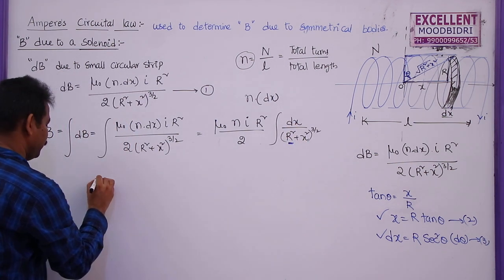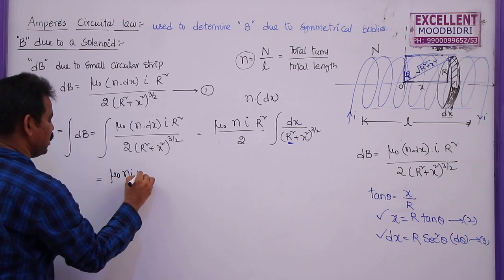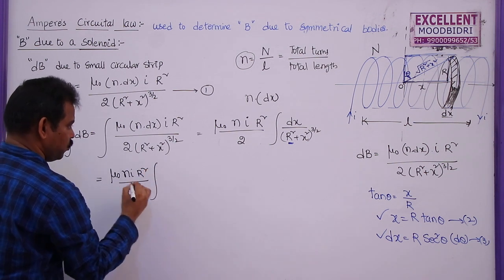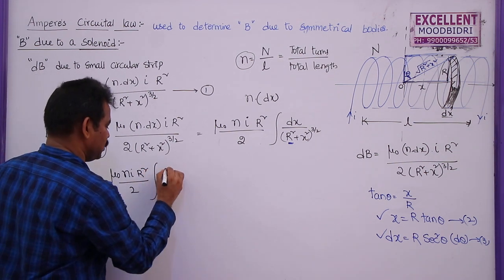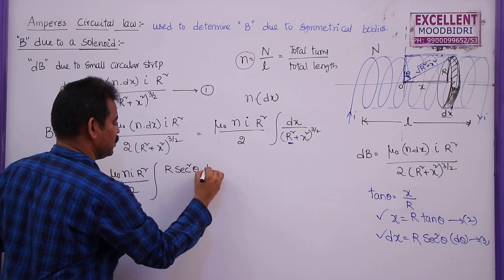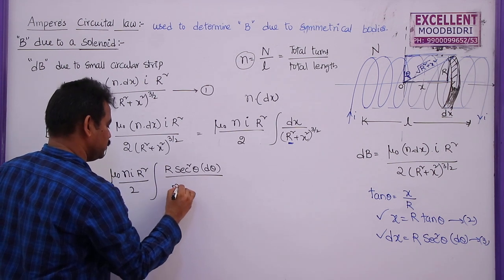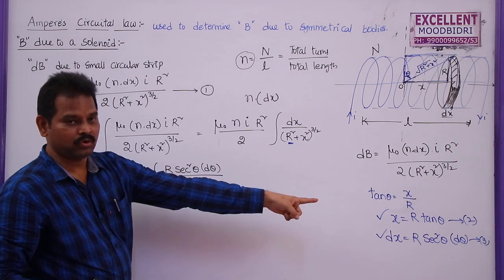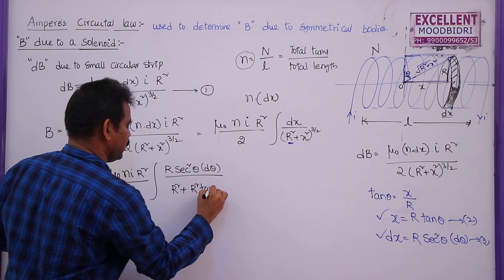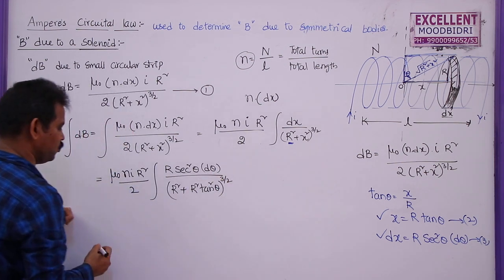Now the net magnetic field here is given by mu naught into n I r square by 2. This will be, what is dx there, which you can write as r secant square theta d theta by, this will be r square plus x, x is equal to r tan theta, x square is equal to r square tan square theta, whole power 3 by 2.